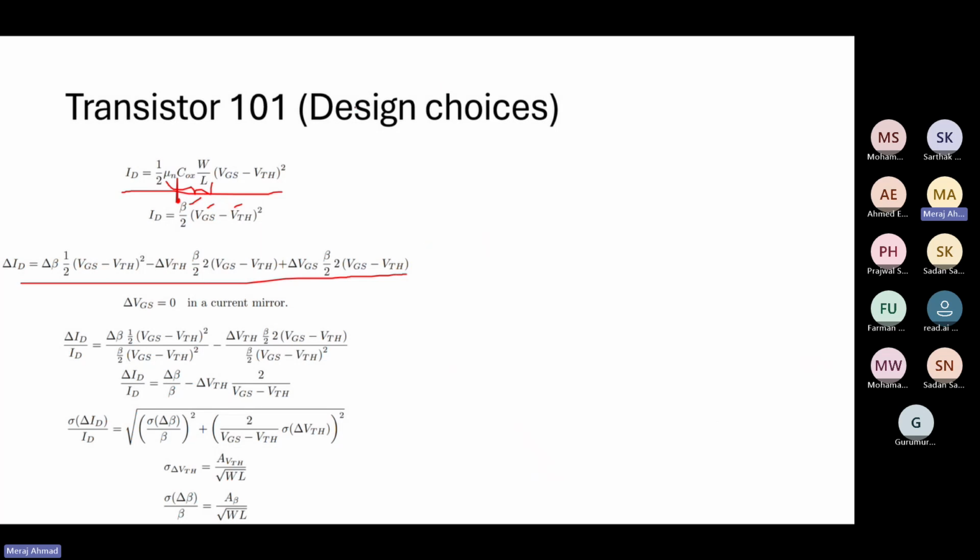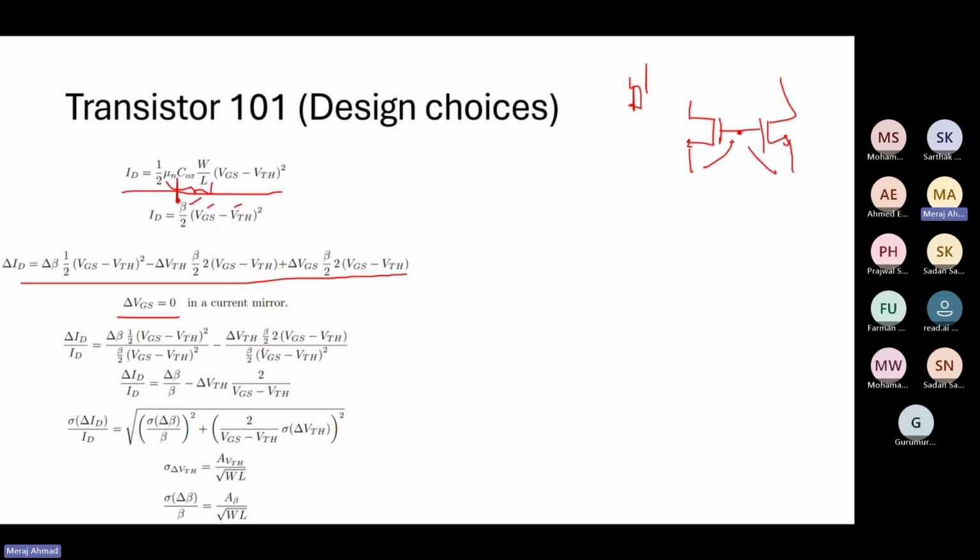Now if I have this current mirror, you see these two VGS are the same because the gate is the same and the sources are the same.